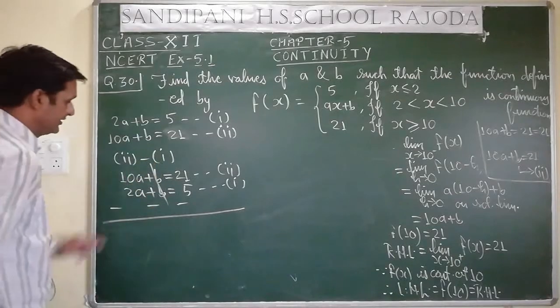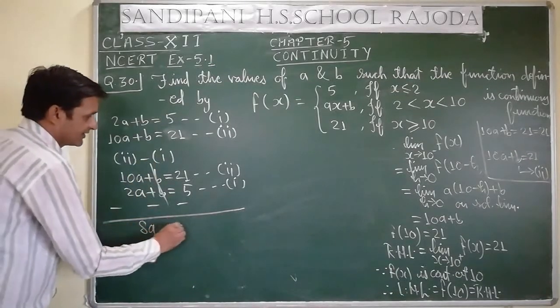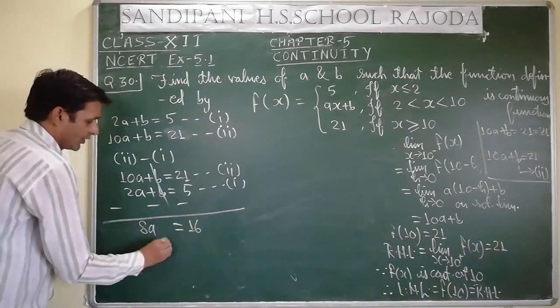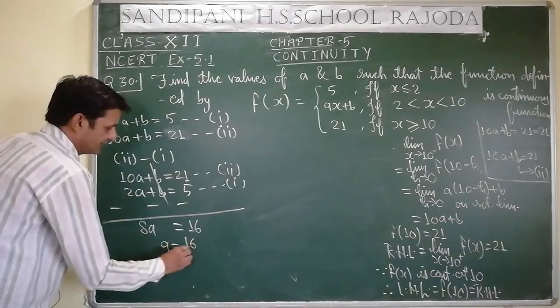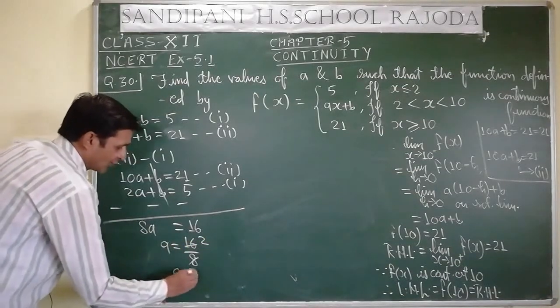That b is cancelled. 10a minus 2a, that is 8a, is equal to 21 minus 5, that is 16. So a is equal to 16 upon 8. A is equal to 2 is the point.